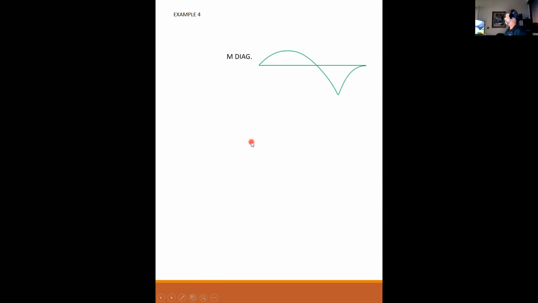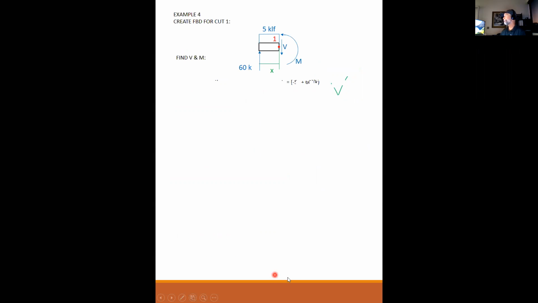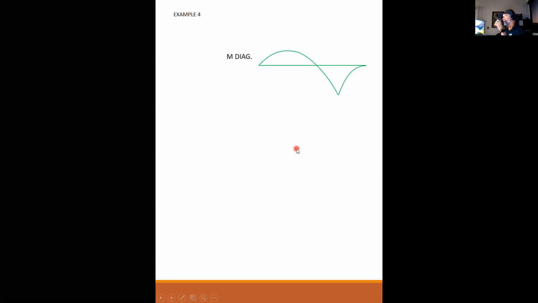Now the moment diagram. And I know that when you guys do this, you're not going to have this shape kind of just jump out at you like this. But we can work through this. Okay, so to find the inflection point for the moment diagram, we will have to solve for where the moment is equal to 0.